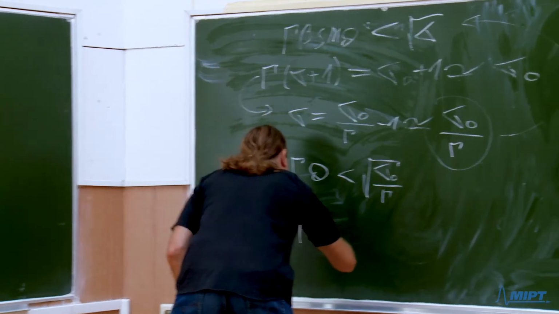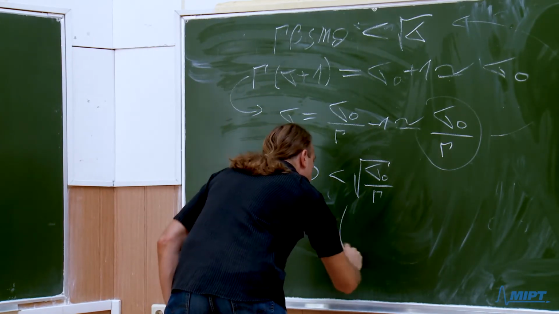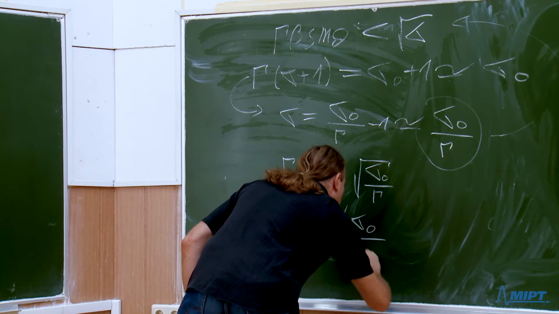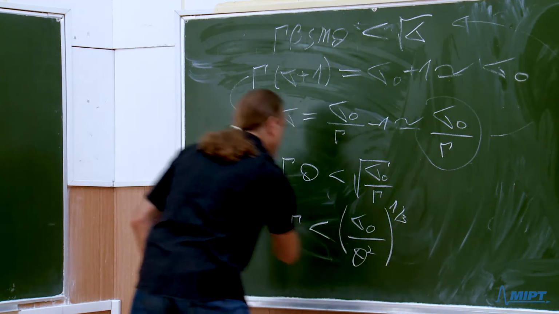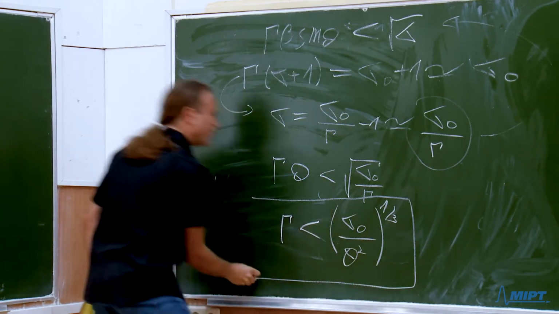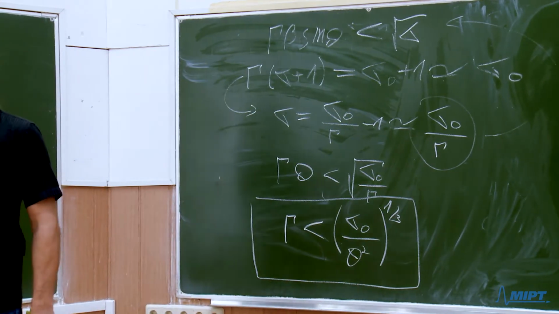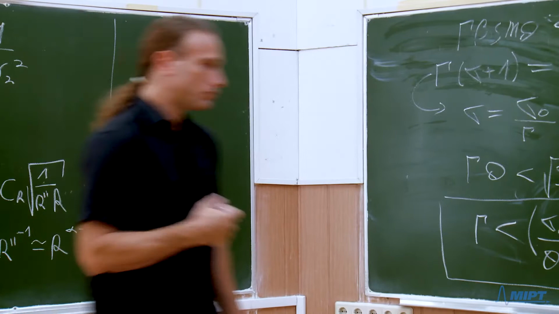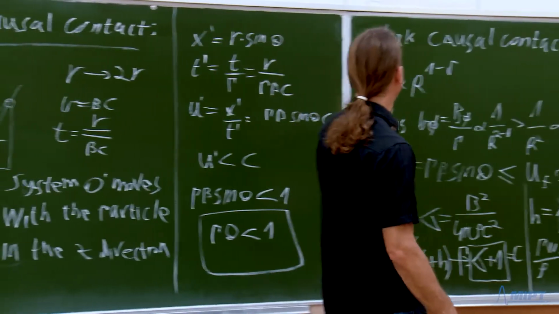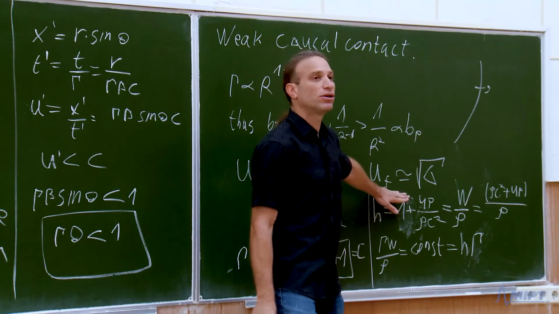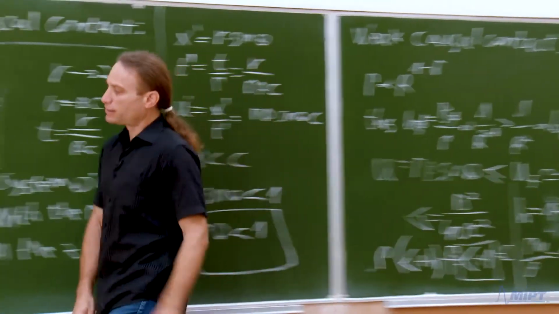This means that gamma is smaller than sigma 0 divided by theta square to the power of 1/3. So the condition that I need to be slower than the fast magnetosonic velocity gives me this.